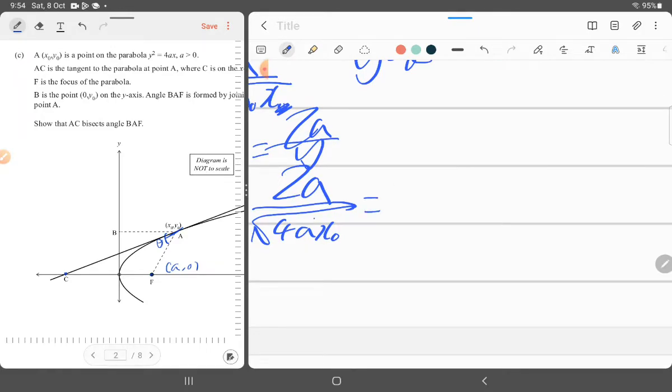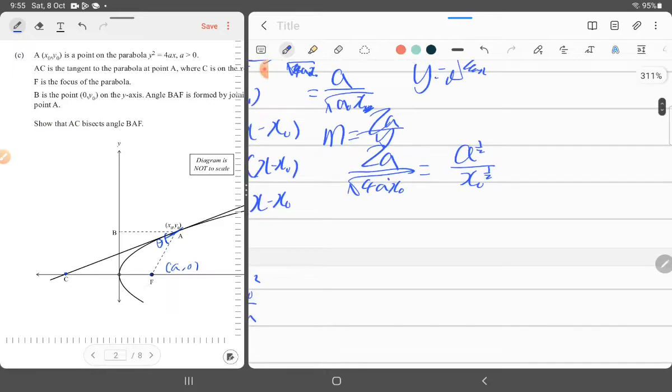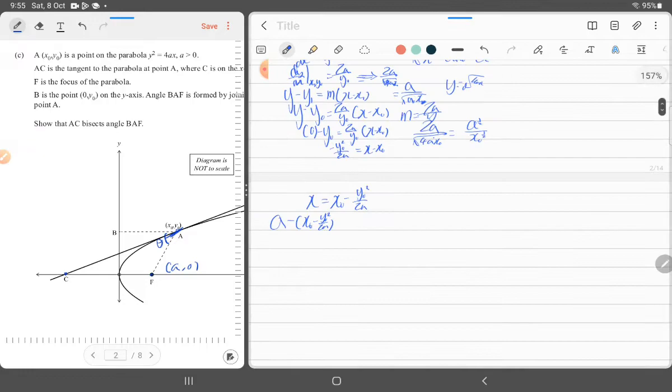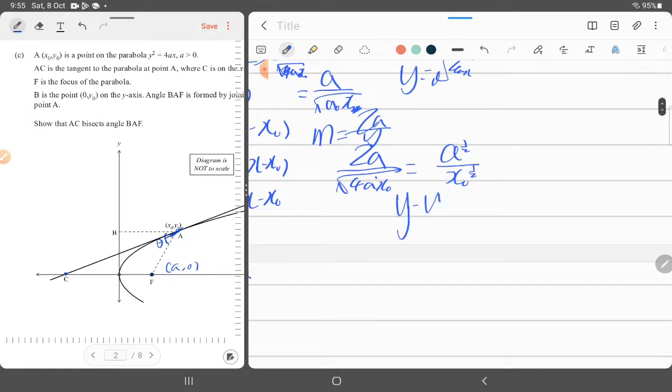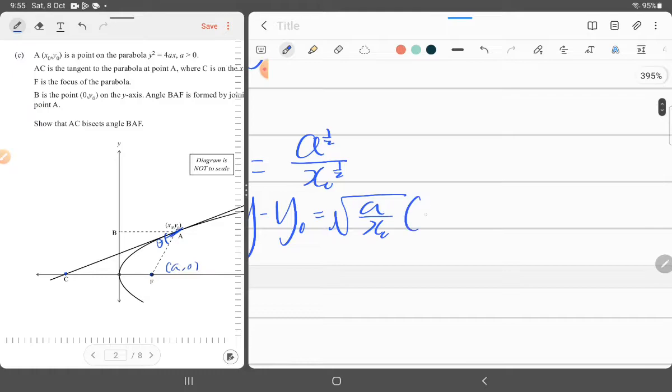Actually no, that's just half, so I think that just cancels out. A to the power of half over x0 to the power of half. There's a gradient at x, there's a gradient here. So y take away y0 is equal to a half. Actually no, I could just factorize all that: square root of a over x0, brackets x take away x0.